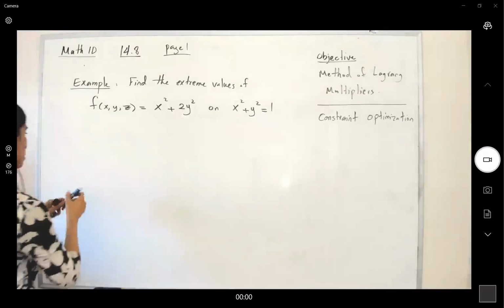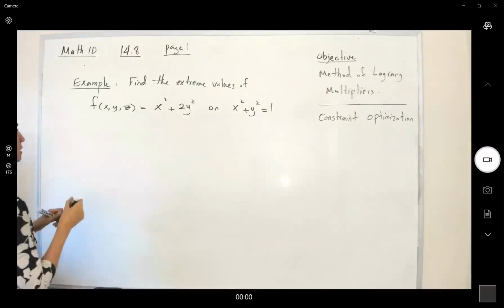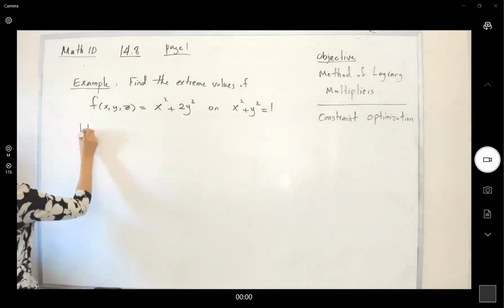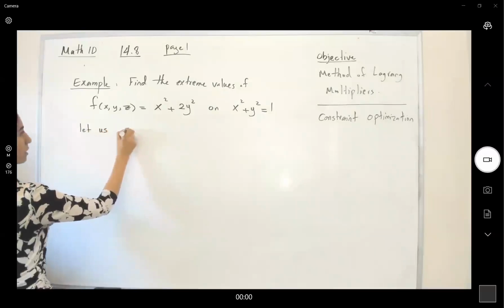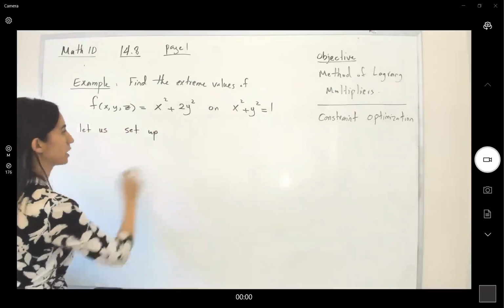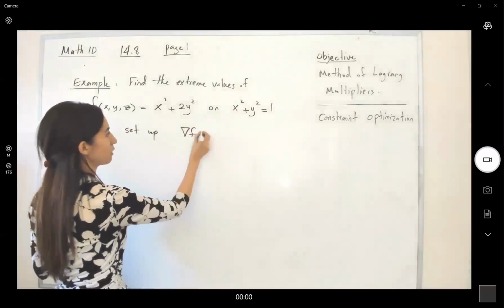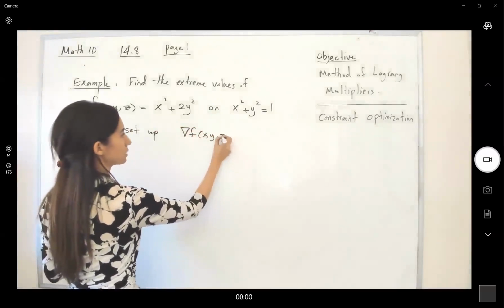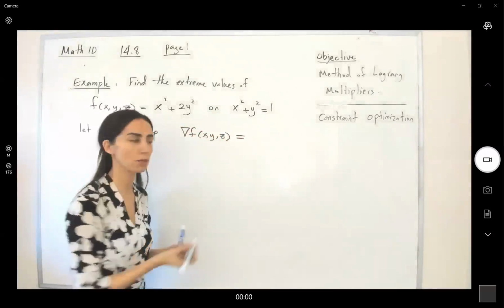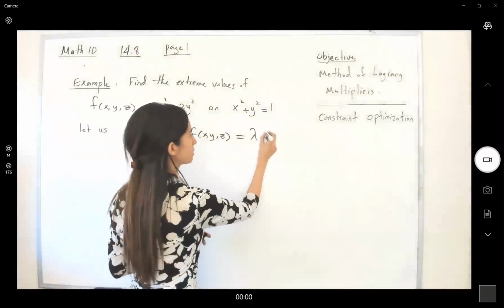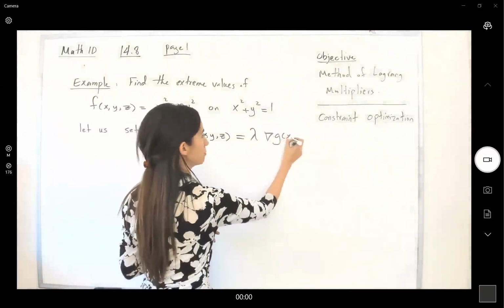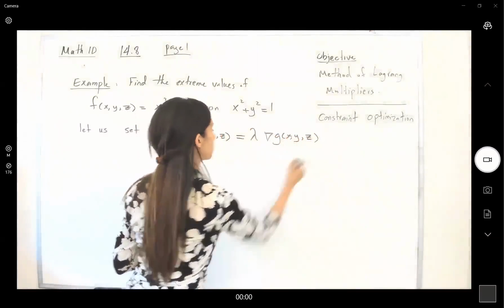Very well. So let us start by writing. Let us set up the equation. We need to find the gradient of f(x, y, z) and set it equal to lambda times the gradient of function g(x, y, z).